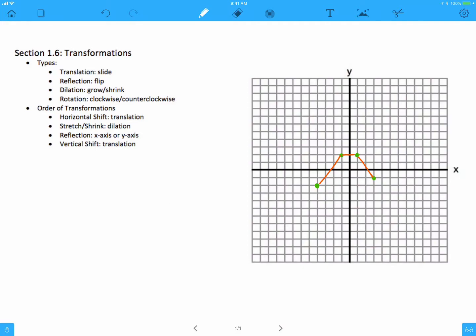Let's work with this and translate it to the left. If this is my original function, let's call it f of x. To shift this to the left, we take my function and add a number on the inside. If we want to move it to the left 1 space, we add 1 here.